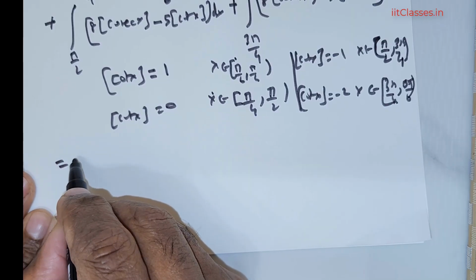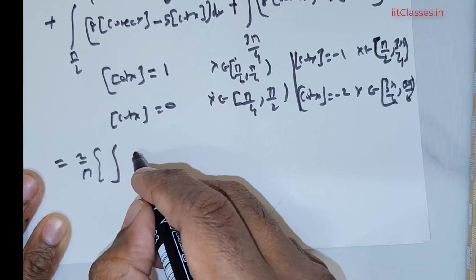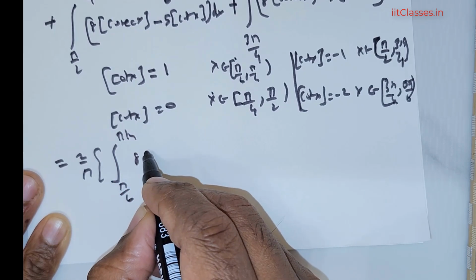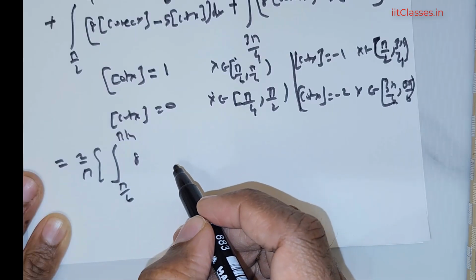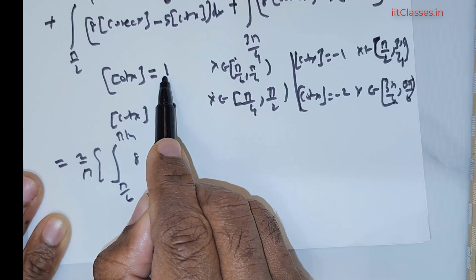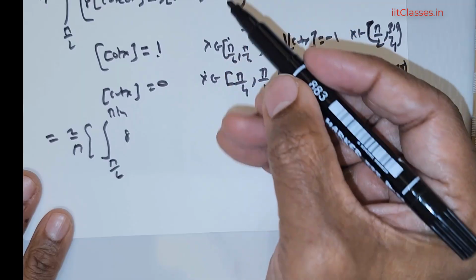So this is equal to 2 over pi, integral pi over 6 to pi over 4, 8 times 1, minus 5 times 1.